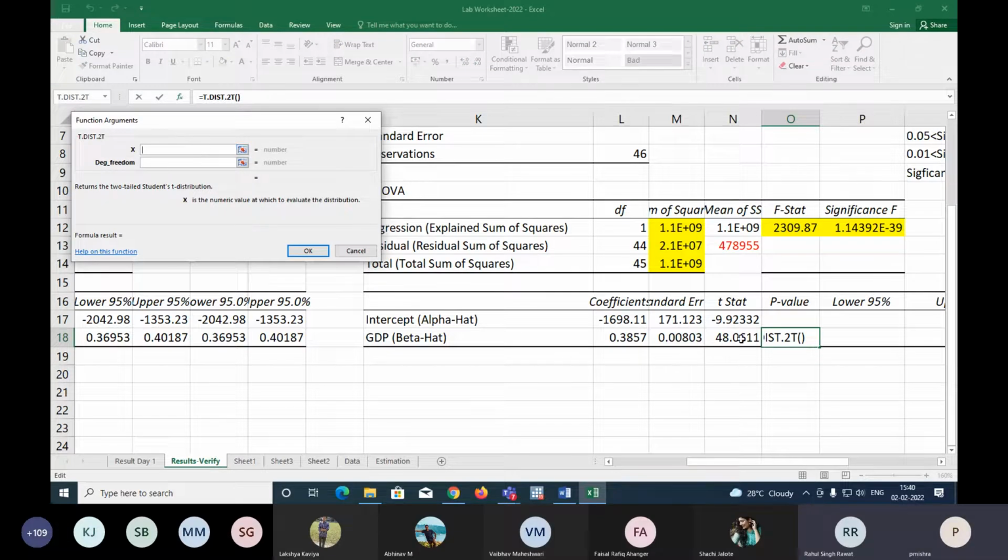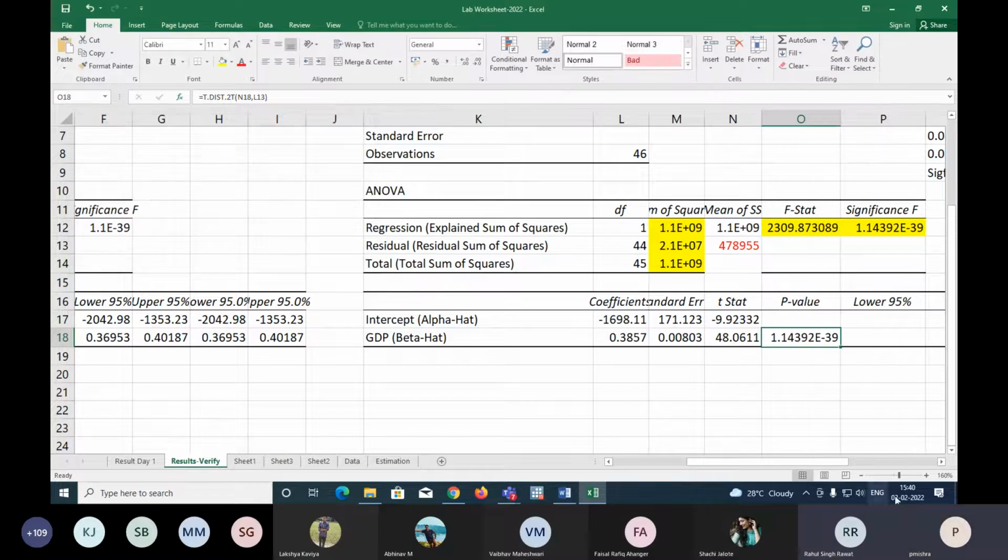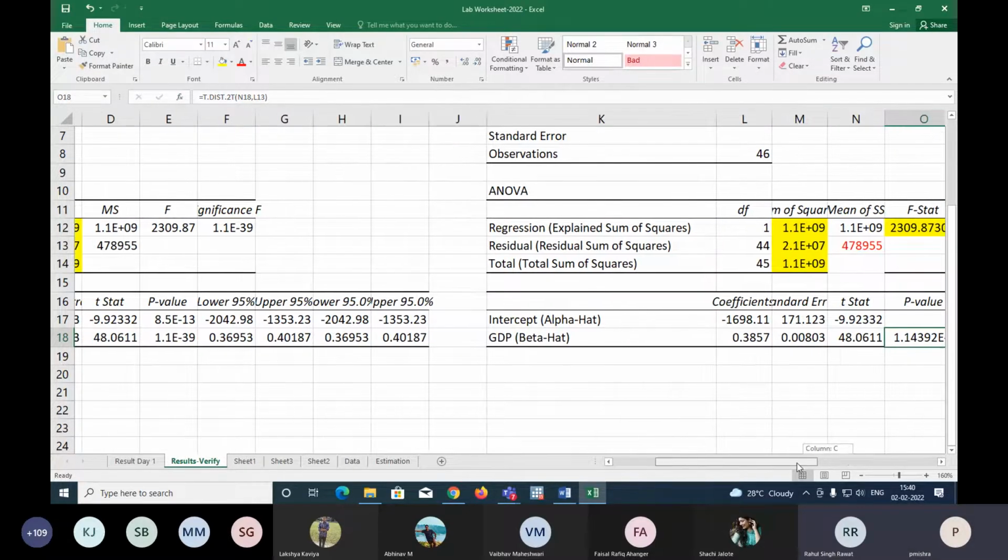Put the value of the t statistic and give the degrees of freedom, n minus 2, that is 44. So this is basically the p-value.